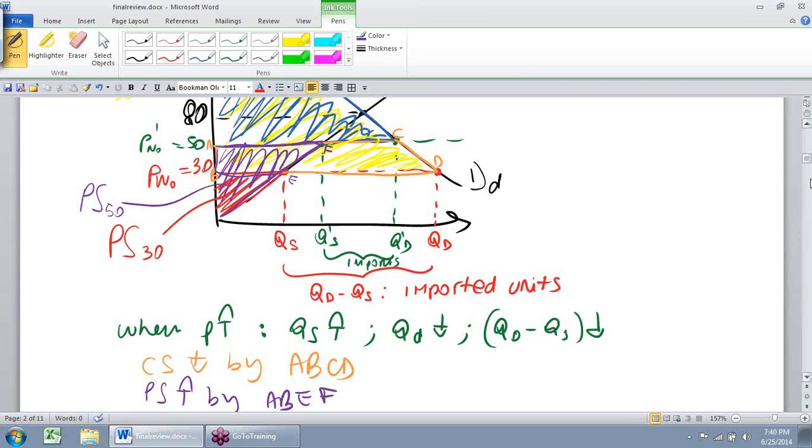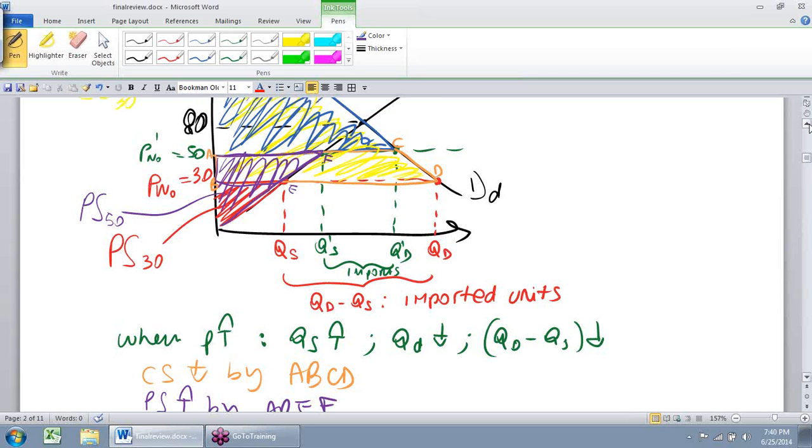As we have seen before, the consumer surplus decreased by area A, B, C, D, but producer surplus increased only by area A, B, E, F.